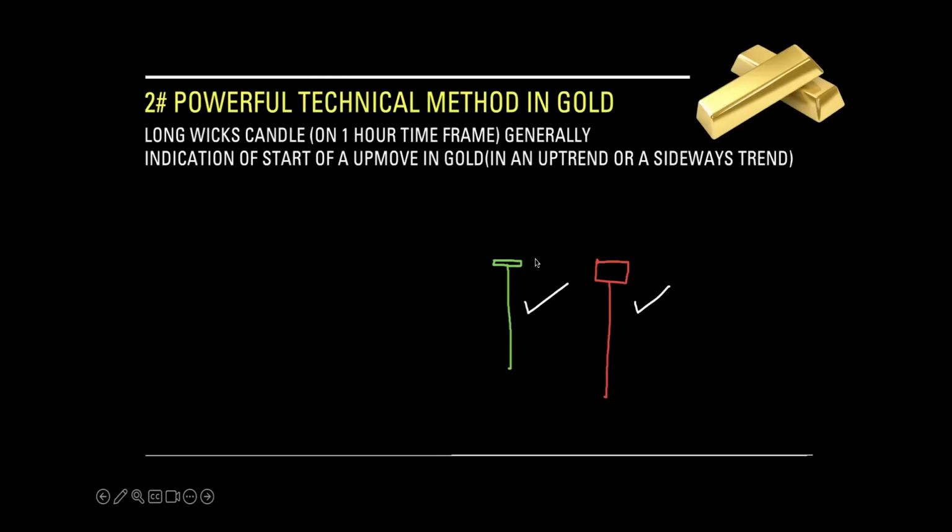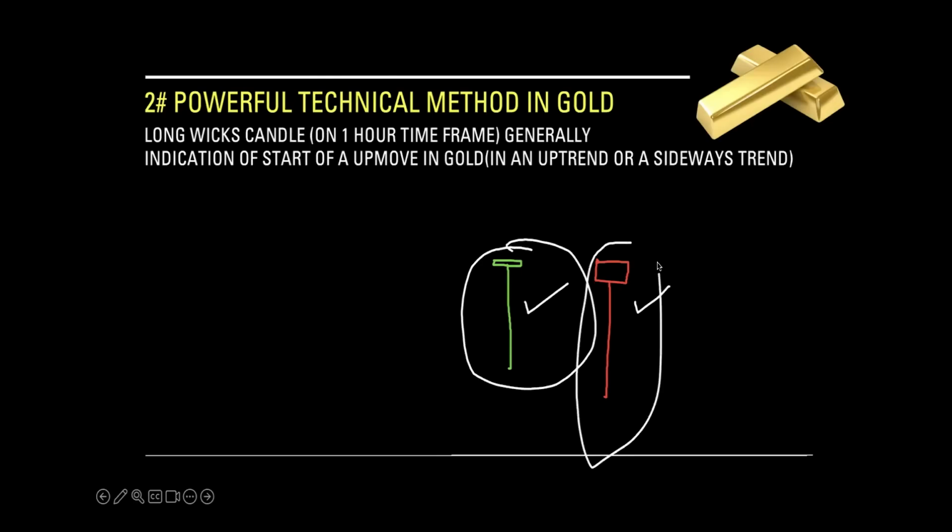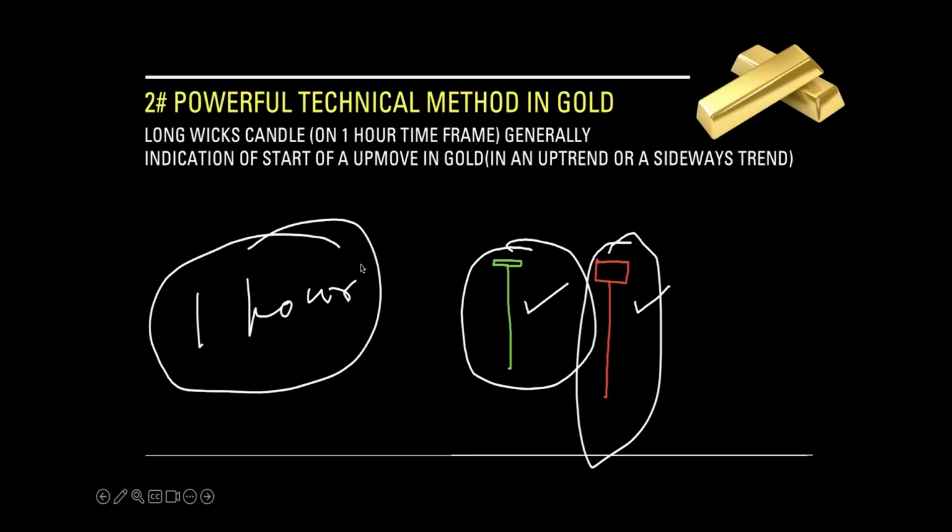But in gold, what I've seen is that this kind of pin bar can work very well on the 1 hour time frame, not on smaller time frames like 5 minutes or 15 minutes, only on the 1 hour time frame. If you see this kind of candlestick, you can take a long trade immediately once the candle forms making huge wicks. Most of the time that is the indication of the start of an up move in gold.